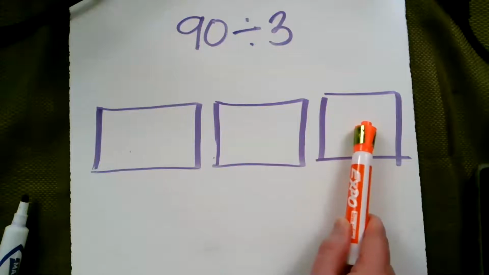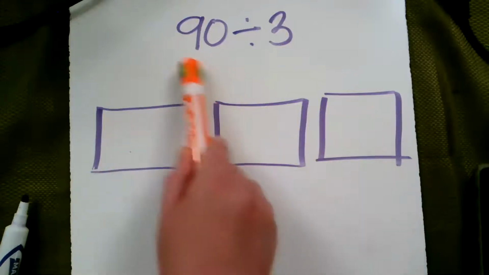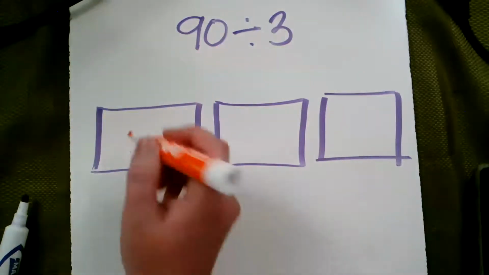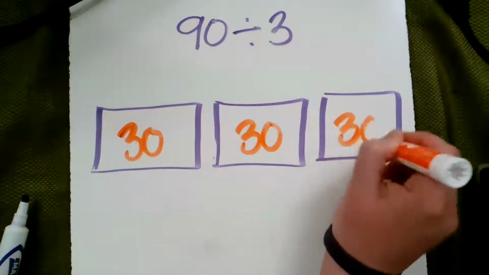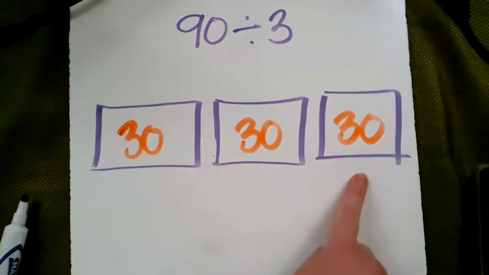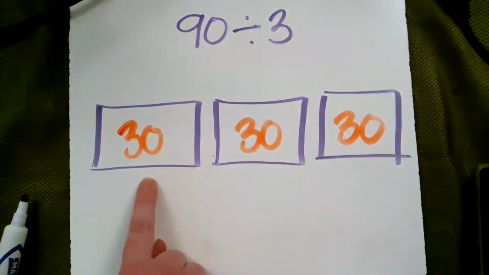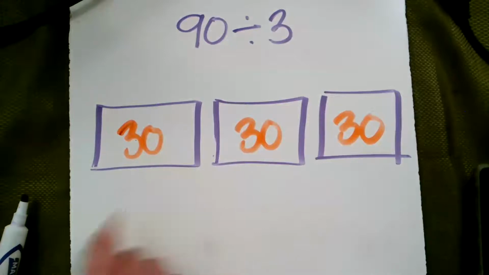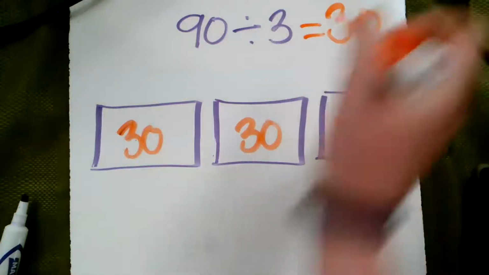How about $30 each? 30, 60, 90. Holy guac, 90! So if each group got $30, 30, 60, 90. So 90 divided by 3 is 30.